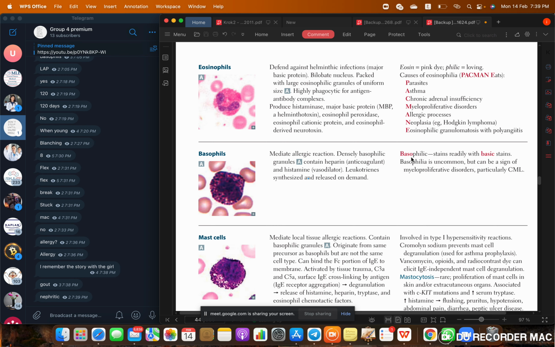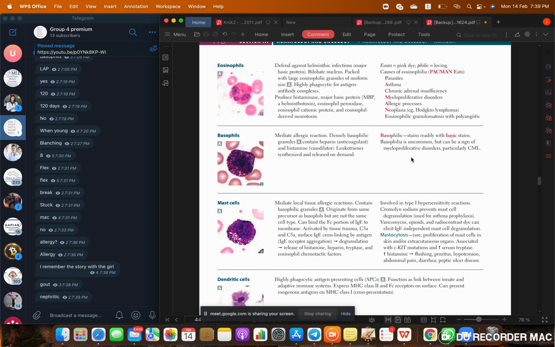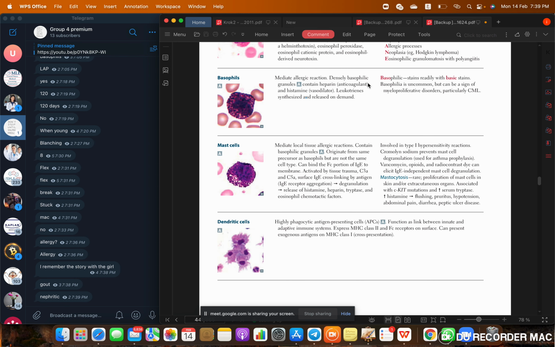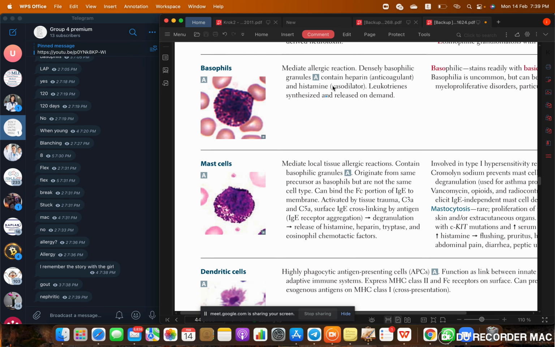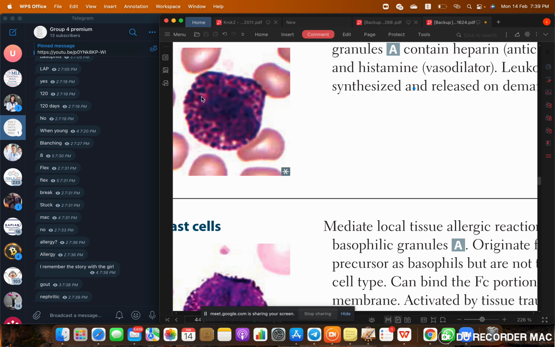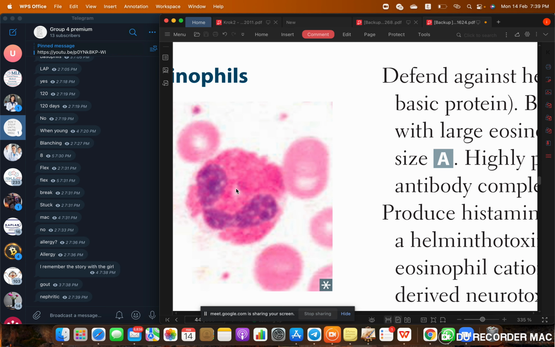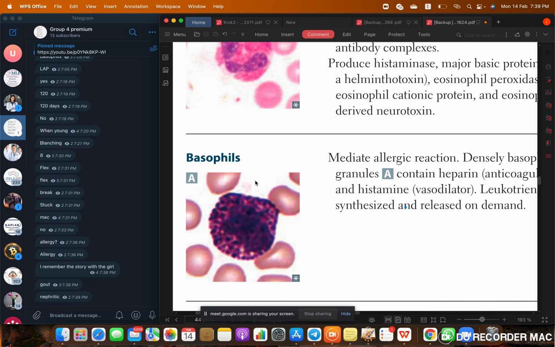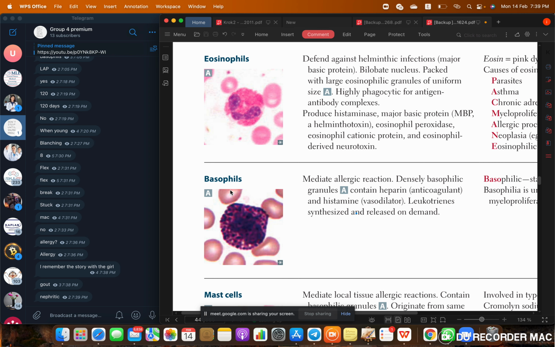Okay? So the basophils. They mediate allergic reactions as well. Basically, they have densely basophilic granules inside. Basophilic means blue. Eosinophilic means pink. So basophils have plenty of densely basophilic granules inside of them, and they contain heparin, which is an anticoagulant.